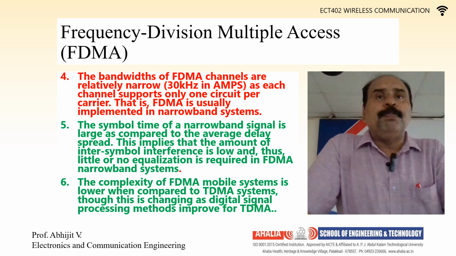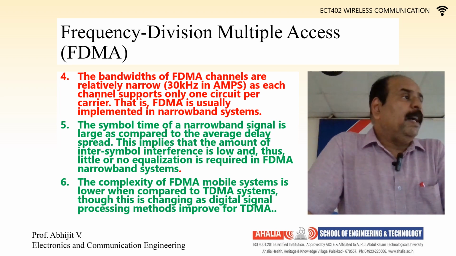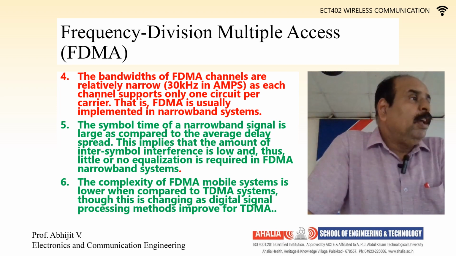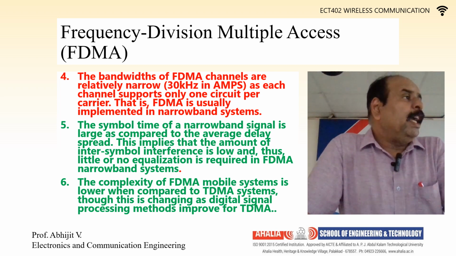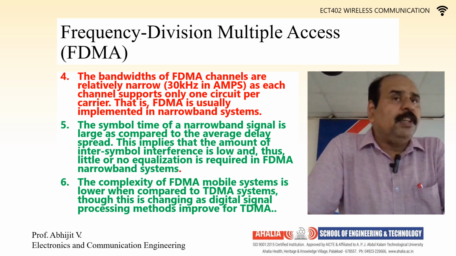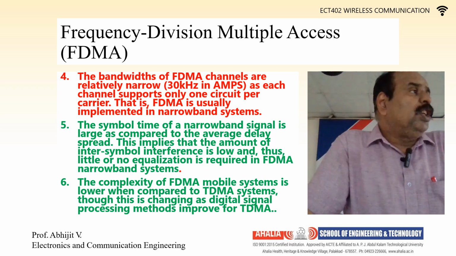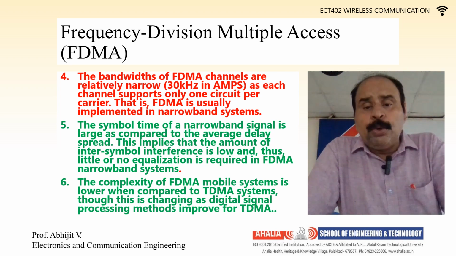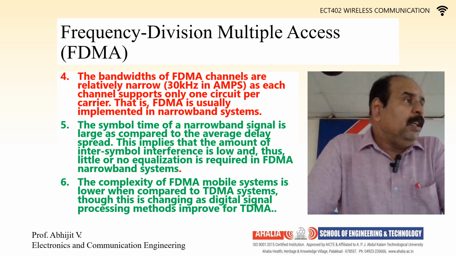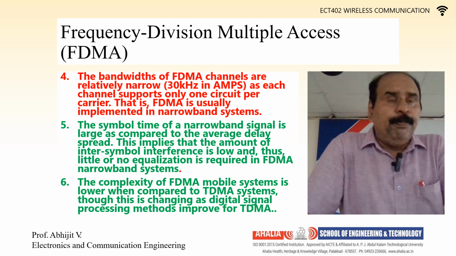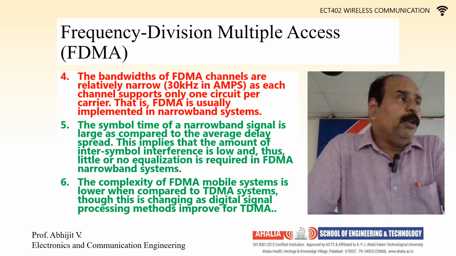This is an important point because we will be comparing this with TDMA. In TDMA, we will be using a wider band of frequencies. Time is inverse of frequency, right? If you keep this point in mind, you could easily compare FDMA and TDMA. So here we are using a narrow band.